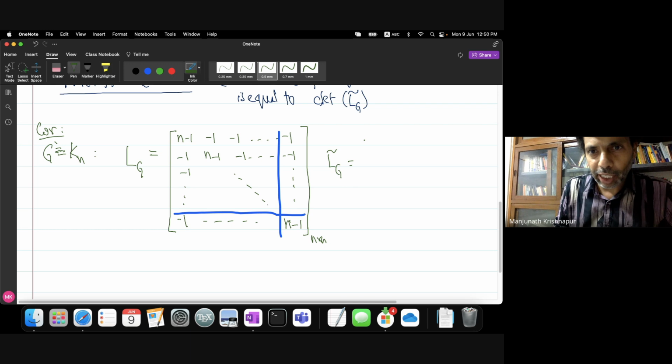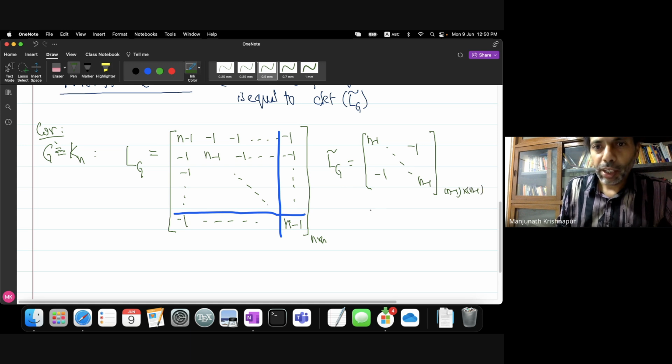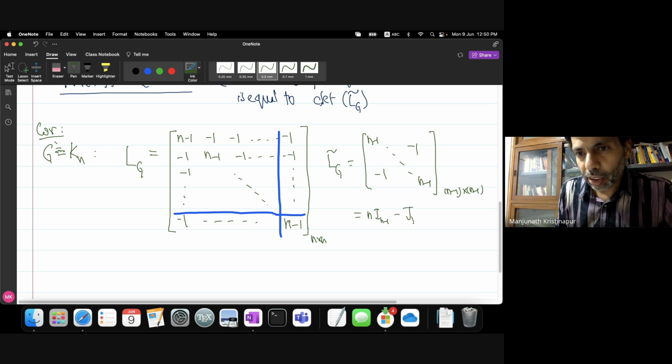LG tilde looks exactly the same, but it's an n minus 1 cross n minus 1 matrix, with minus 1s here, which if you like, you can write as n times identity n minus 1 minus the all 1 matrix.